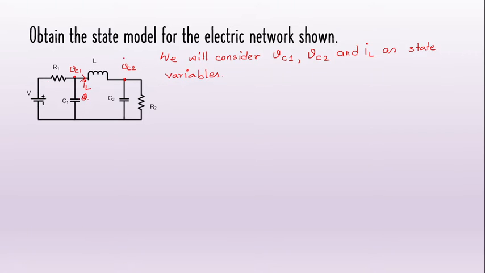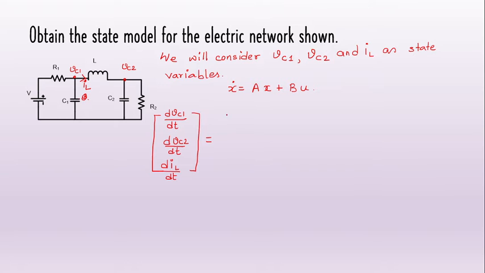If I take the general expression x dot equal to AX plus BU, then x dot will be dVC1 by dt, dVC2 by dt, and dIL by dt.